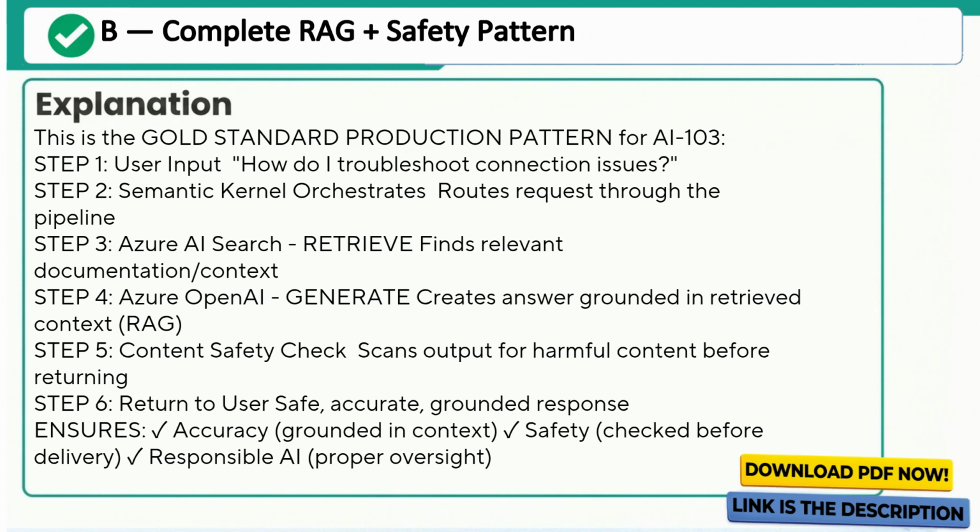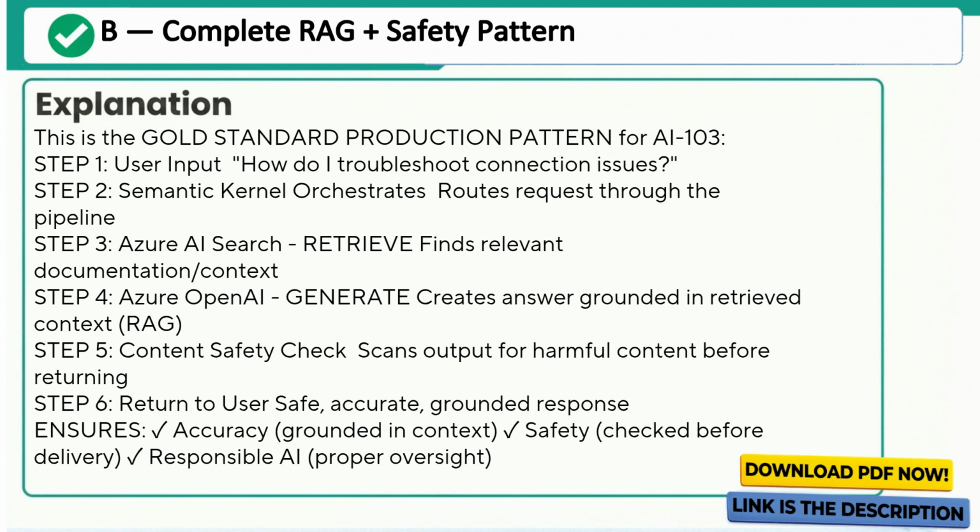Step 1. User input: how do I troubleshoot connection issues? Step 2. Semantic Kernel orchestrates and routes requests through the pipeline. Step 3. Azure AI Search retrieves. Step 4. Azure OpenAI generates, creating an answer grounded in retrieved context.